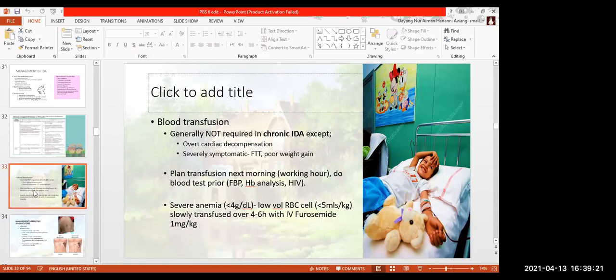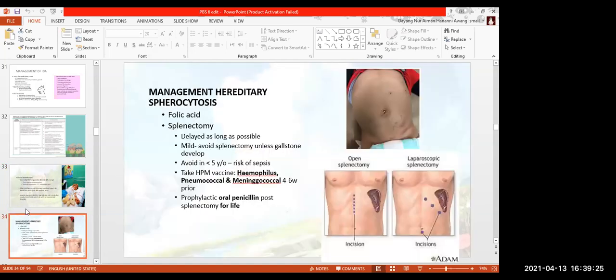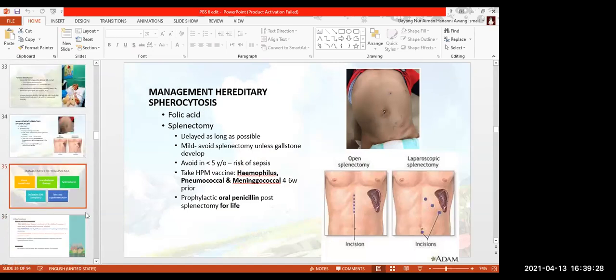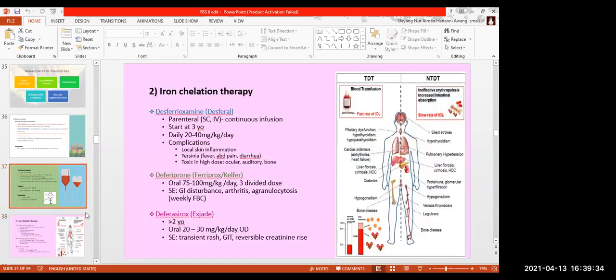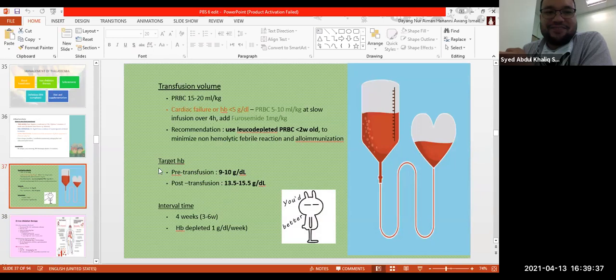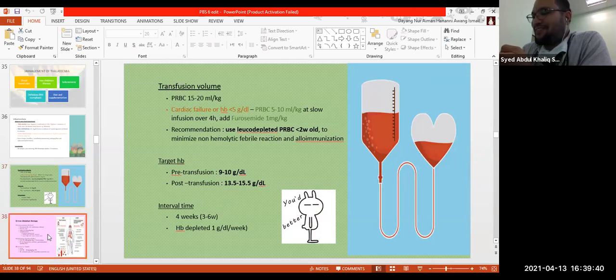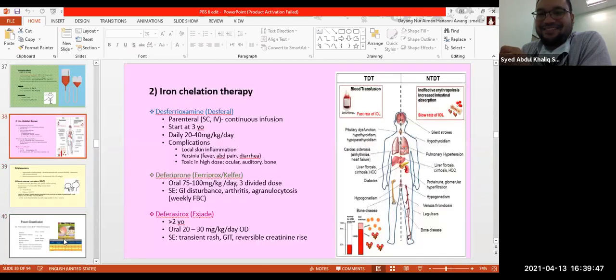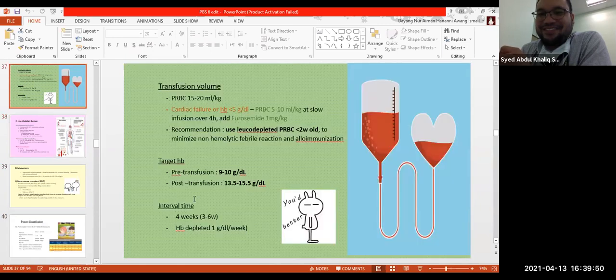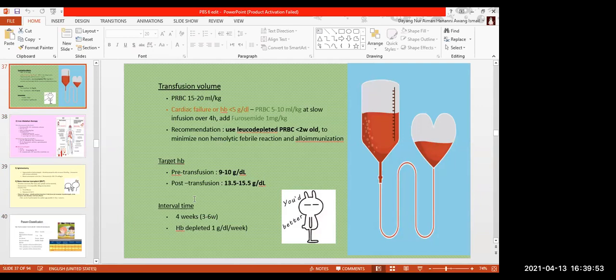For the monitoring, I'm not sure, but I think usually we will meet the patient every 4 weeks, every month.